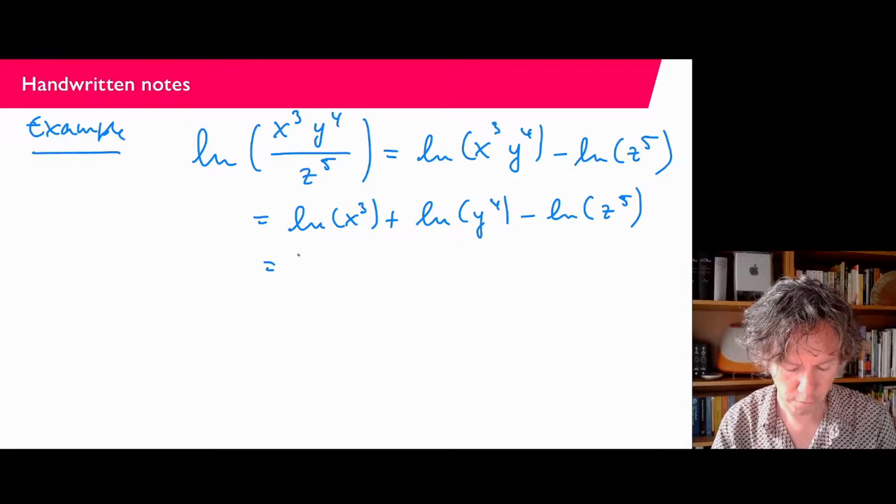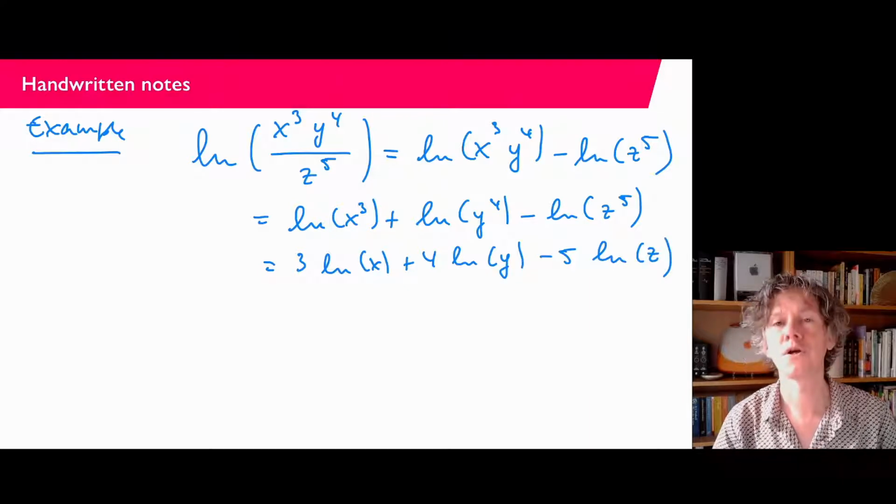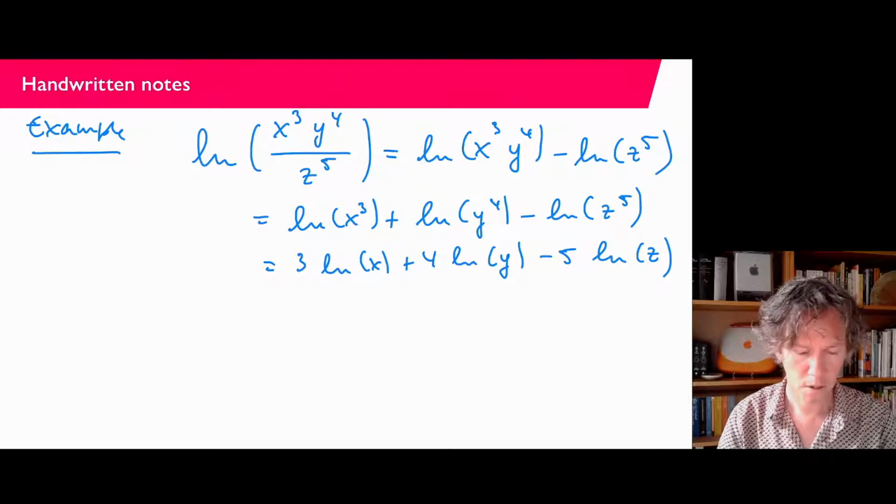So I find 3 ln x plus 4 ln y minus 5 ln z. So that is how you can use these rules, how you can play with them, how they work, and why they may be useful.